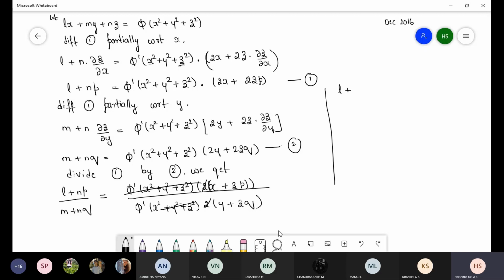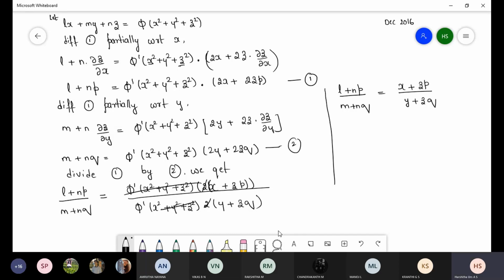So we get L plus NP divided by M plus NQ is equal to x plus zp divided by y plus zq.